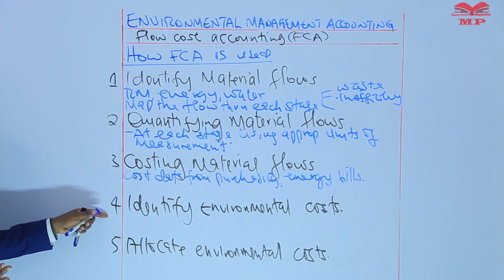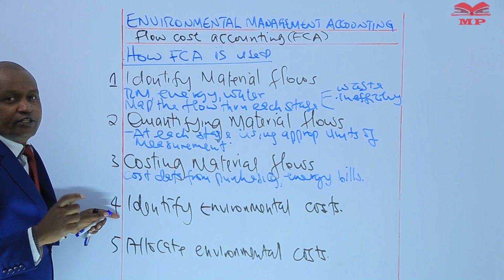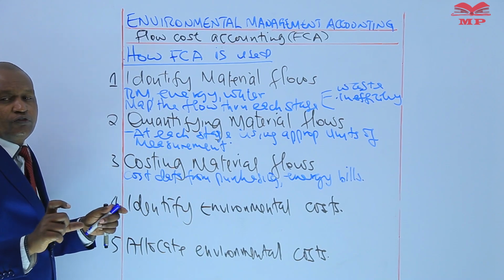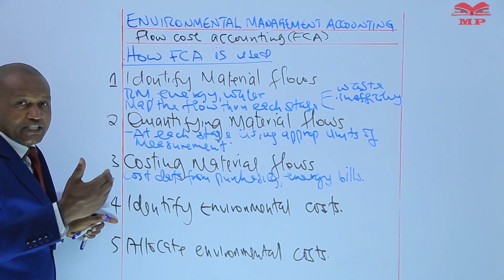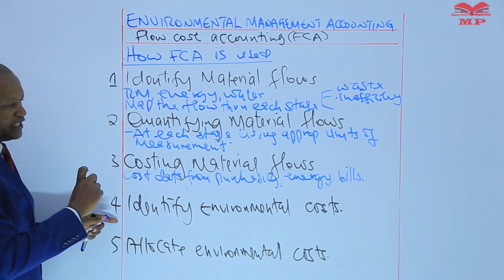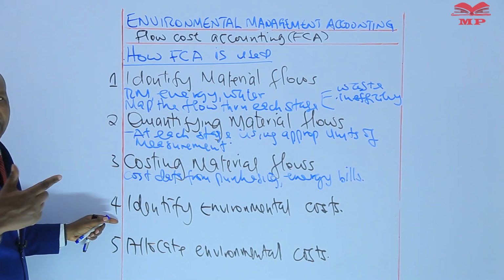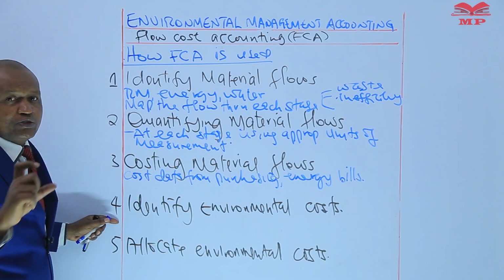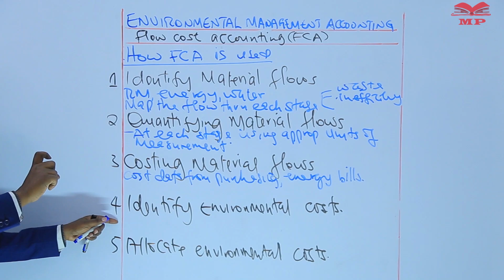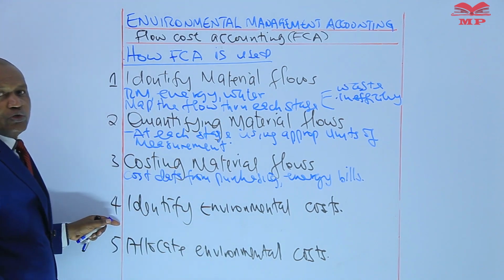This involves analyzing the costs associated with different material flows, and that can be done by identifying the stages of the production process that generate the highest environmental costs.